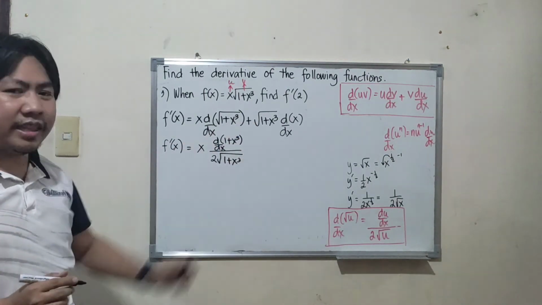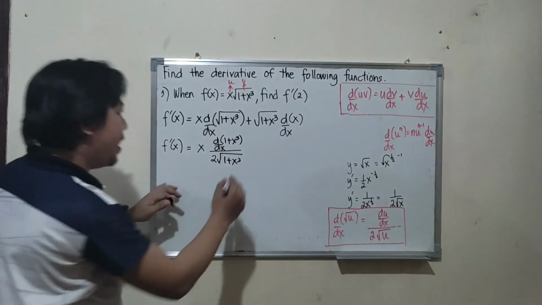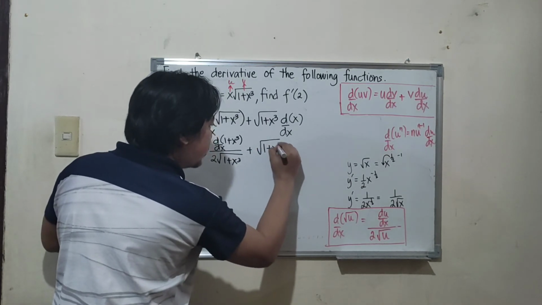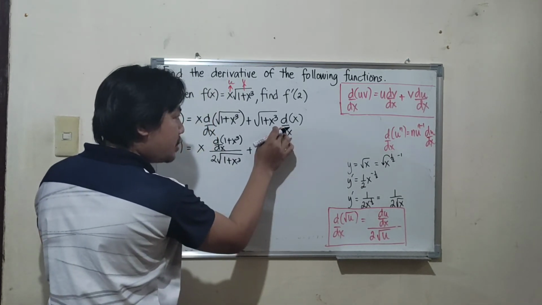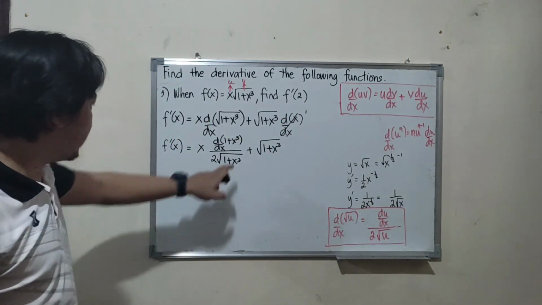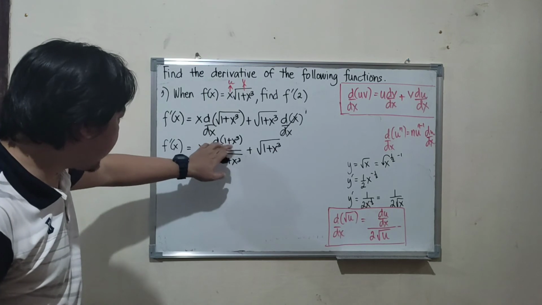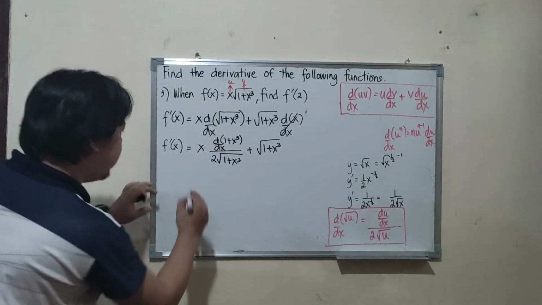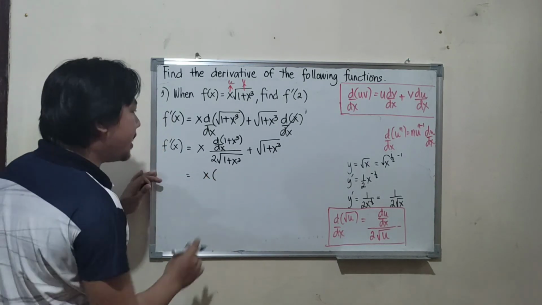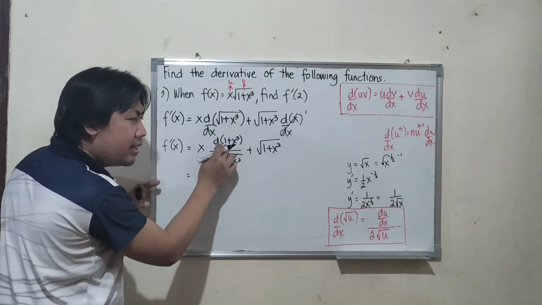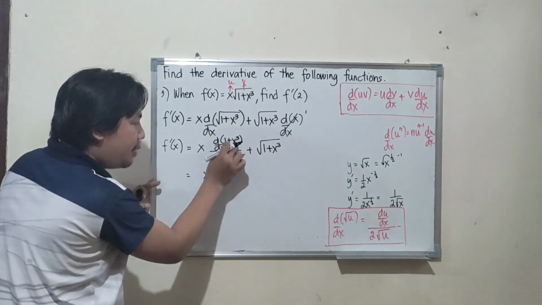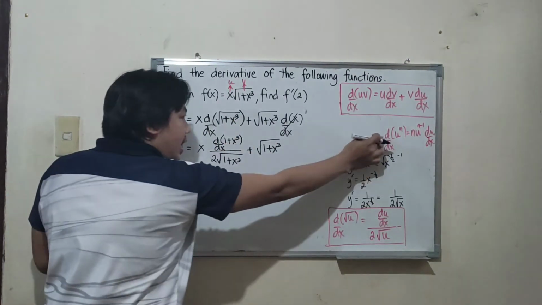Okay? So ganun na lang yung ating shortcut na formula. Plus square root of 1 plus x cubed times derivative of x with respect to x. So that is simply 1, so no need to write that. So just evaluate the derivative of 1 plus x cubed. So we have x. The derivative of 1 is 0, so no need to write the 0. So derivative of x cubed, use the power rule.